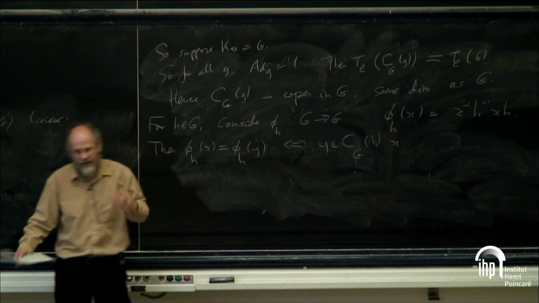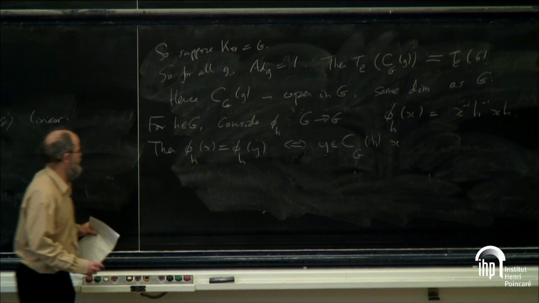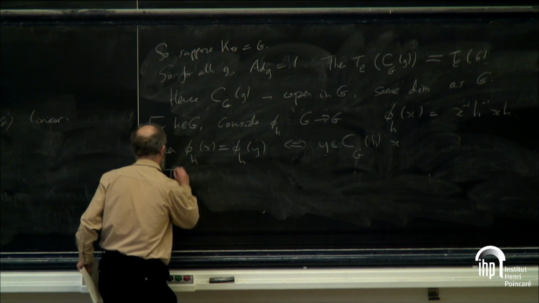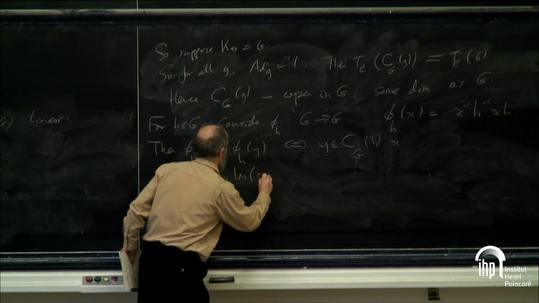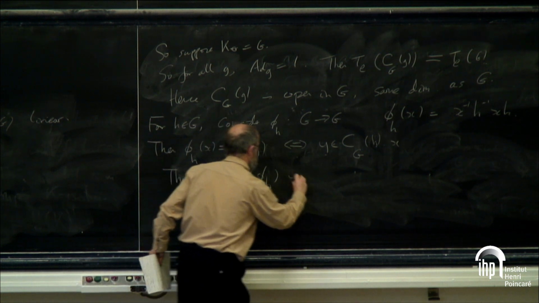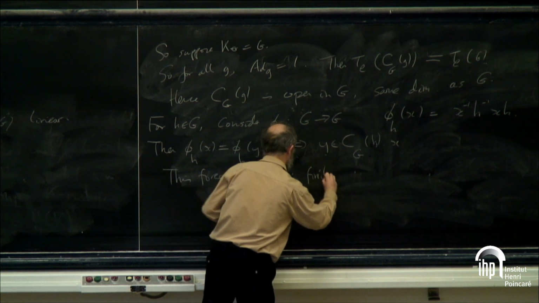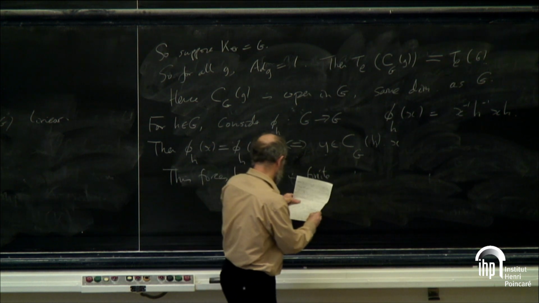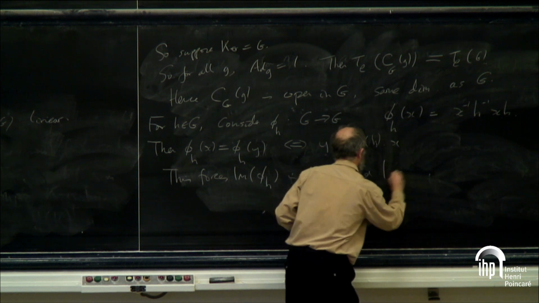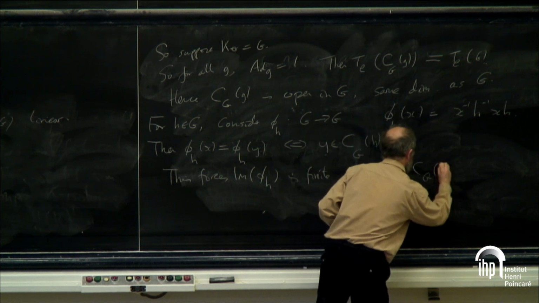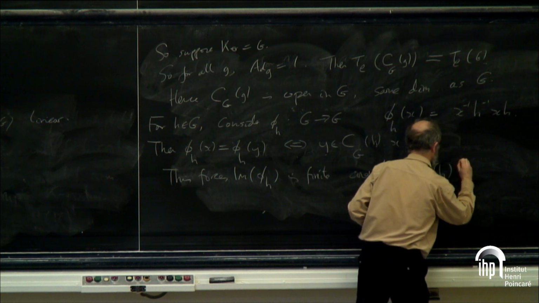And just by dimension arguments, this forces that the image of phi H is finite, and that the centralizer in G of H is finite.